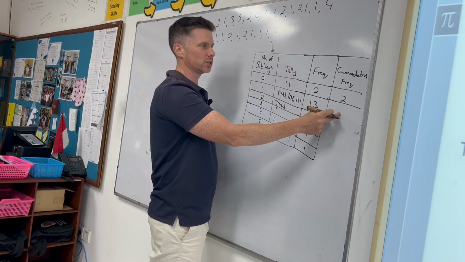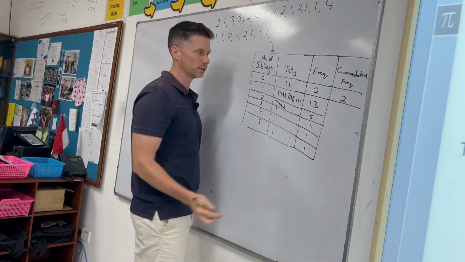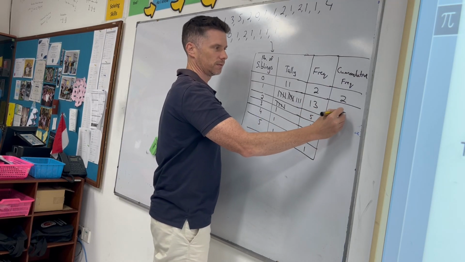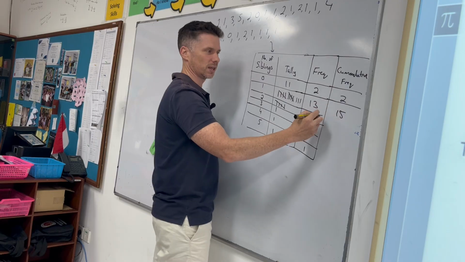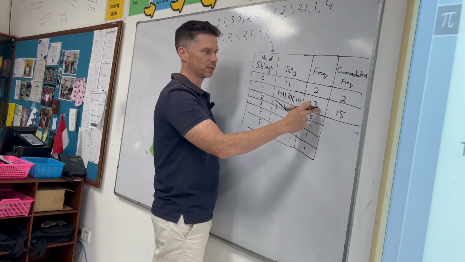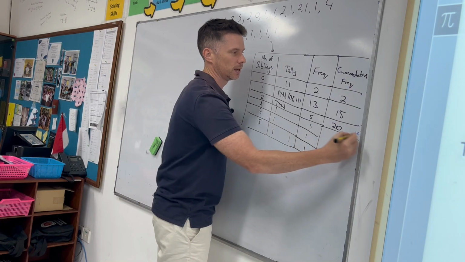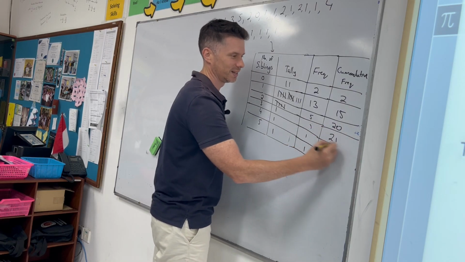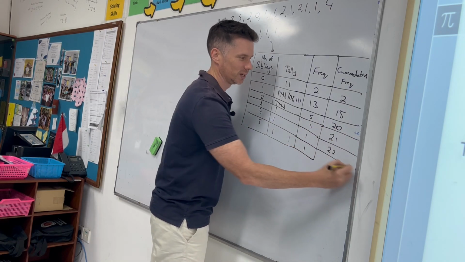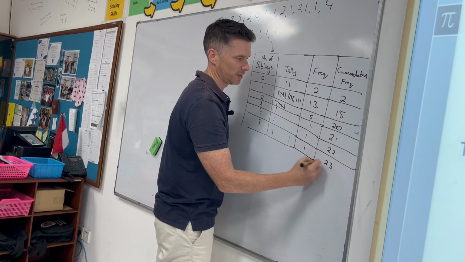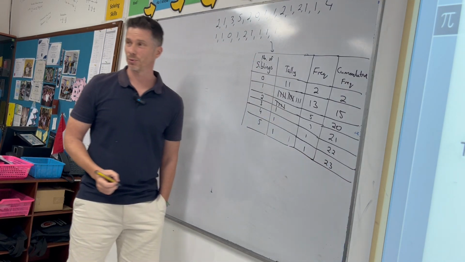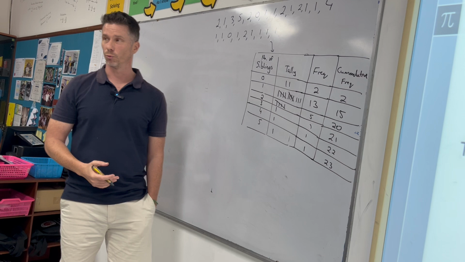But now it says, what's the total of 0 and 1 together? 15. So I add these 2 to get that number. And now 2 plus 13 plus 5 gives this number. So an extra 5 gives 20. And an extra 1 gives 21. And an extra 1 gives 22. And an extra 1 gives 23. We're just adding up each section together one by one.